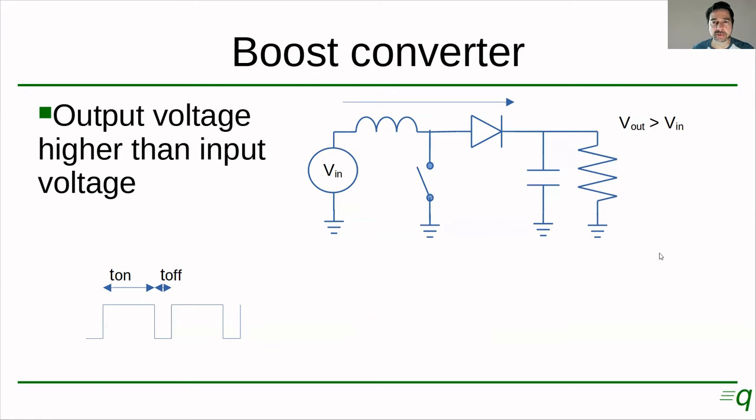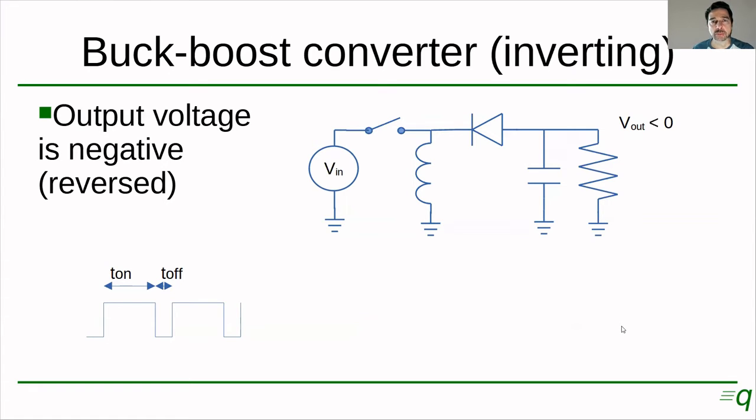And if you remember from our class on inductors, this will result in a voltage here, which is higher than the initial voltage here. And it can be demonstrated that, again, the output voltage is the input voltage multiplied by a factor that depends on the on to off time relation of the waveform. So again, by manipulating the on and off time, we can obtain different voltages here.